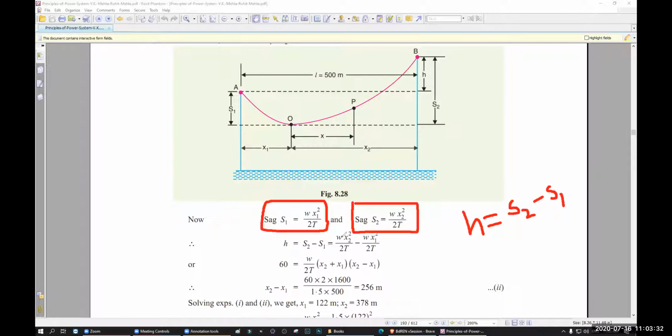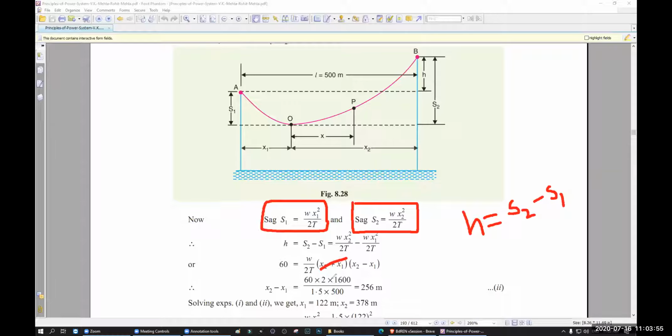From there, we can take W divided by 2T common. What do we have? x2 square minus x1 square. So x2 square minus x1 square, we can write as x2 plus x1 times x2 minus x1. So x2 plus x1, we already know that is 500. x2 minus x1, that we do not know. We'll keep it like that and put everything on the other side.